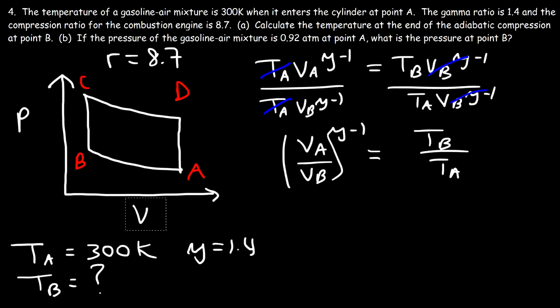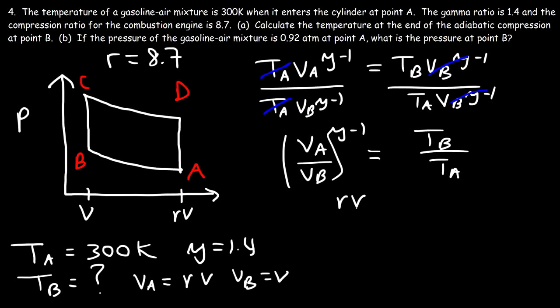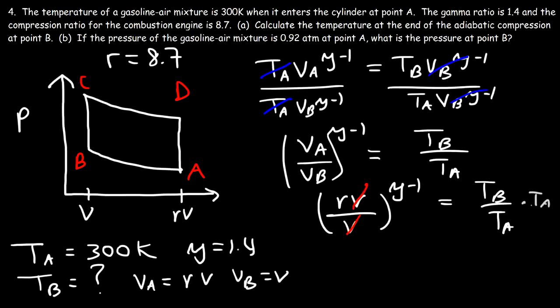Now, it's important to understand that this is V and this is RV. So VA is the compression ratio times V, and VB is simply V. So I'm going to replace VA with RV and VB with V. So I can cancel V. And then I'm going to multiply both sides by TA.